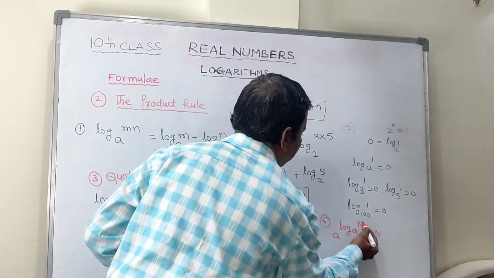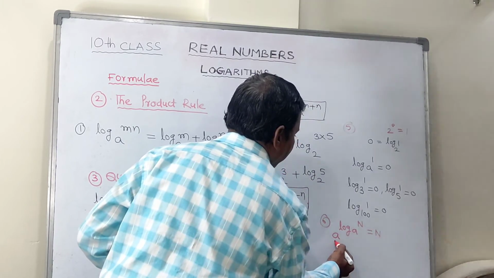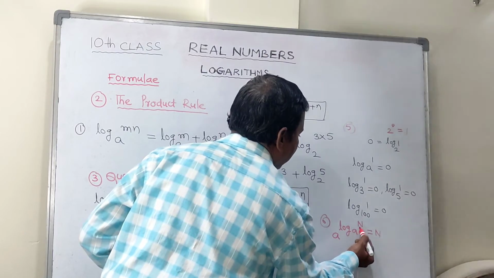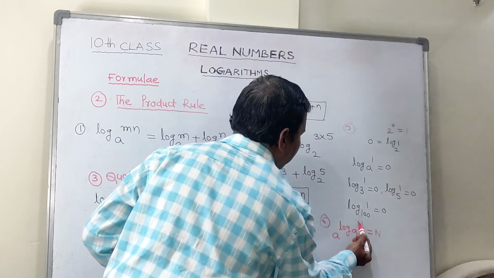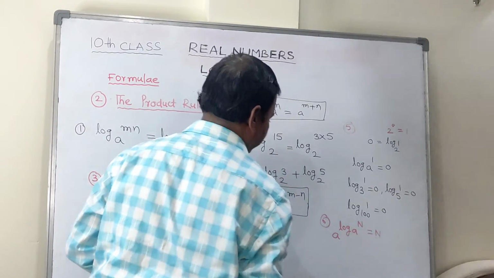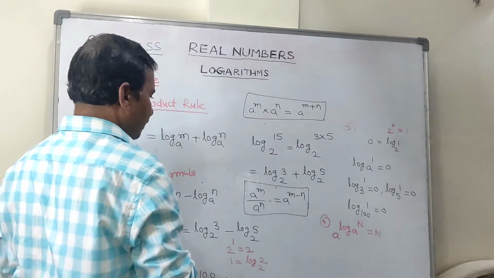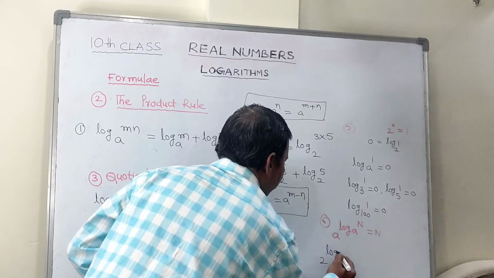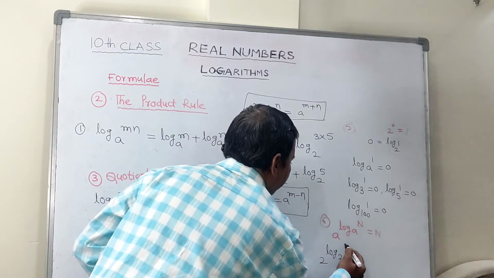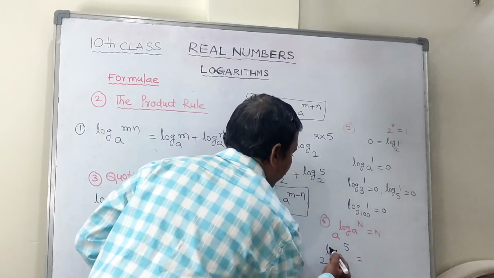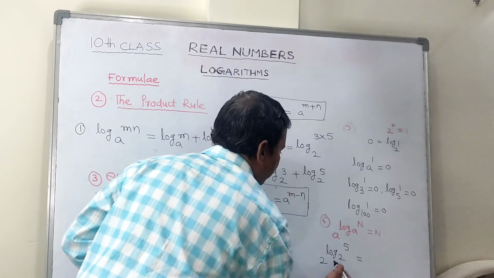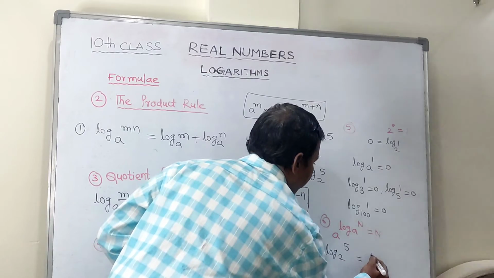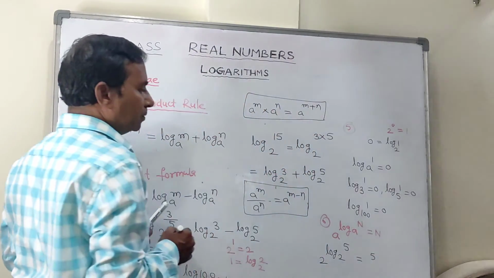Log a to the power of n to the base a: if the base and the exponent here are equal, the value will be directly equal to n. For example, log 2 to the power of 5 to the base 2, where these two are equal, then immediately it will be equal to 5.